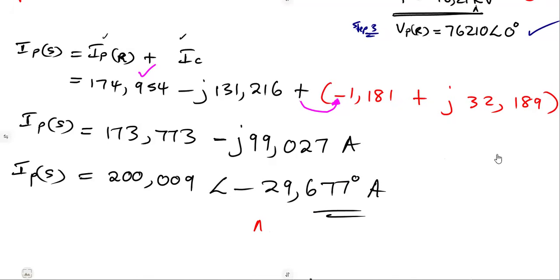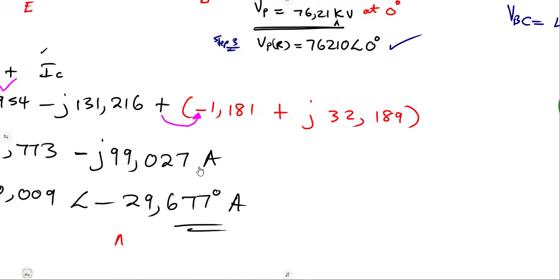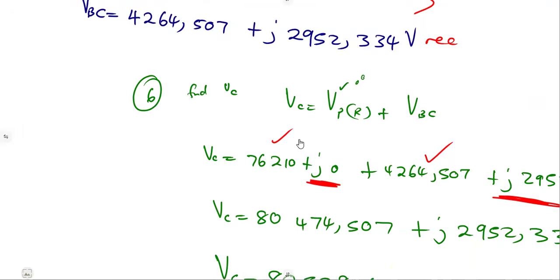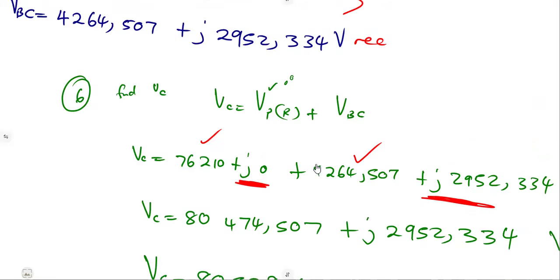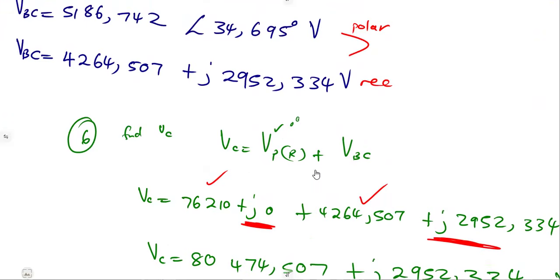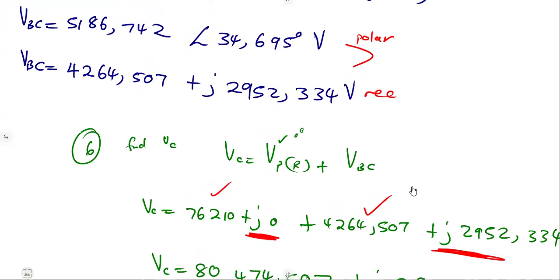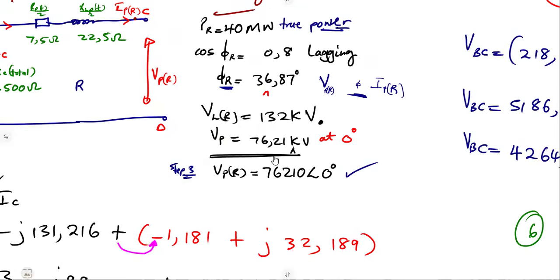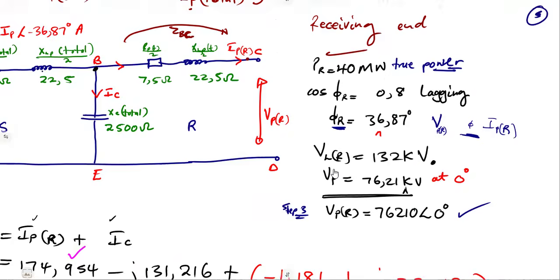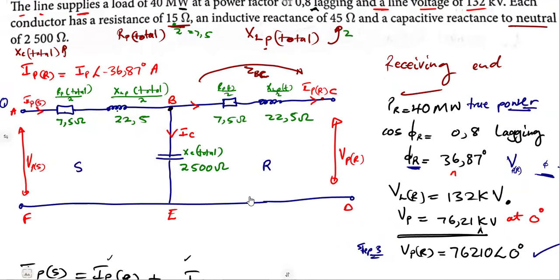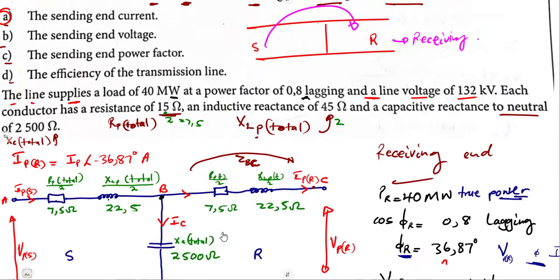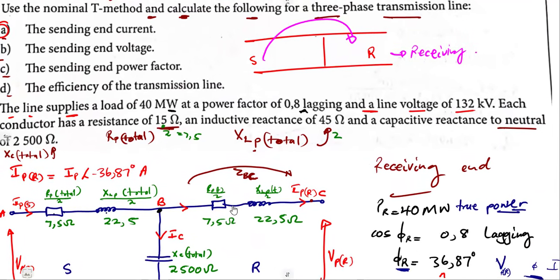As we can see, there are a lot of stages and steps. We have to follow this step after this one. So do not forget the values, guys, that we calculated, because I'm going to erase some of these values. As you can see, we have a lot of information here. So that's A, the sending end current.